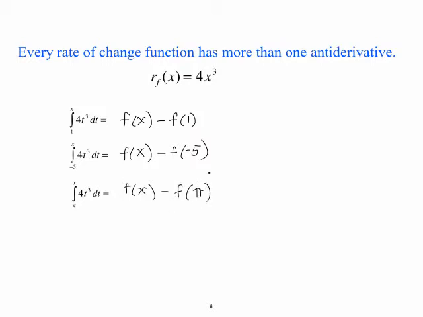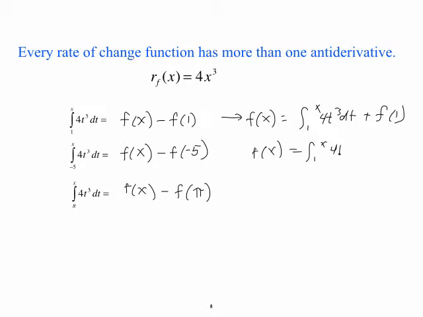Okay. So in particular, if I were to solve for f of x, it could be this, or it could be this thing, right? And the fact that I'm adding different numbers over here is giving me different functions.